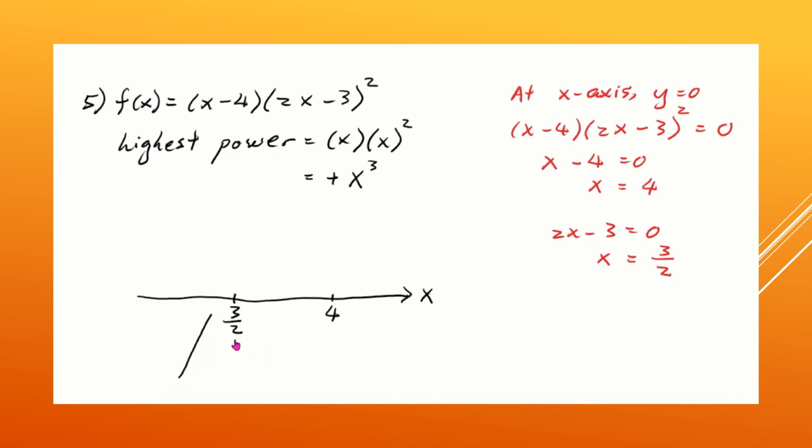When we come to the first point, which is 3 over 2, the factor for the point 3 over 2 is power 2, so 3 over 2 is a turning point. So we continue, come to here and turn down. Next, when we come to x equals 4, since the factor is power 1, the curve just goes through at 4. So we continue the curve here, go through the 4 and go up. Here is the curve for this polynomial function.